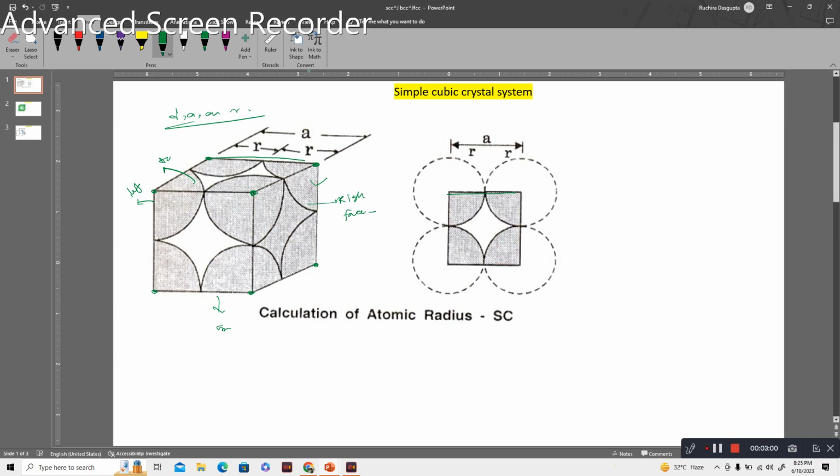If we consider this right face, you can see there are 4 corners, 4 lattice points.